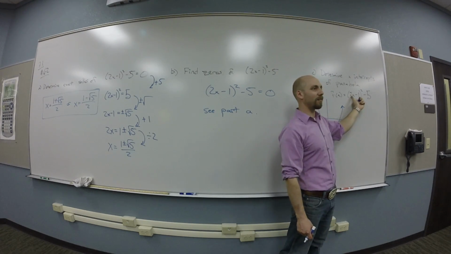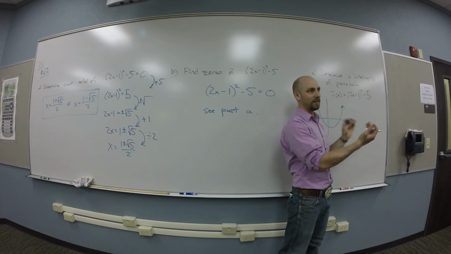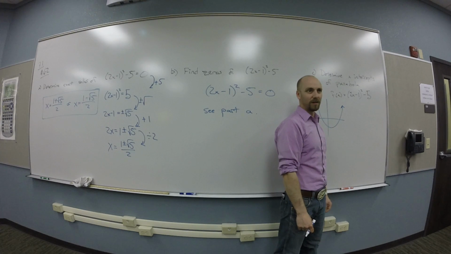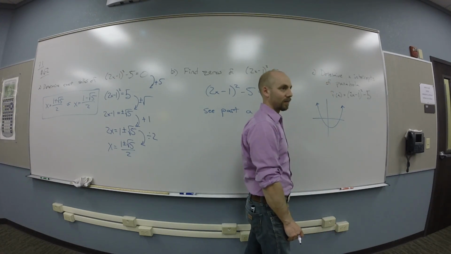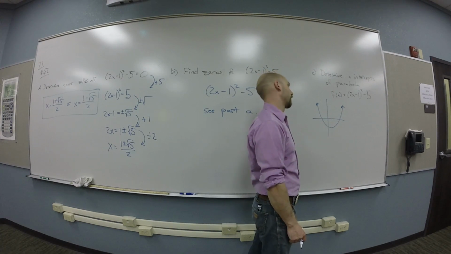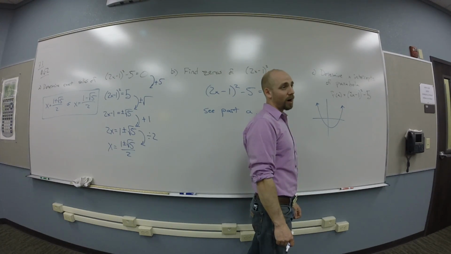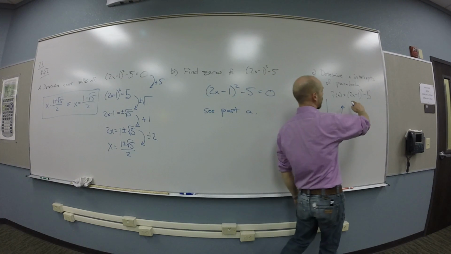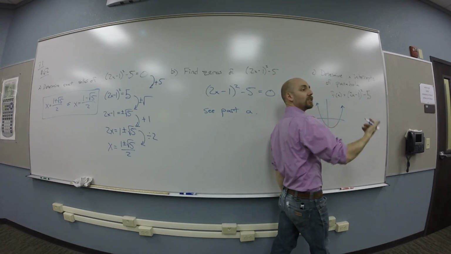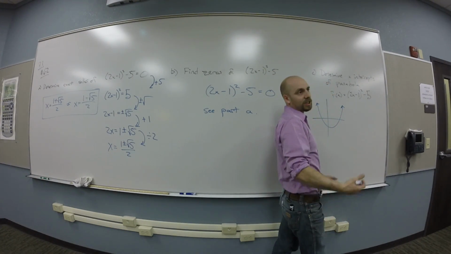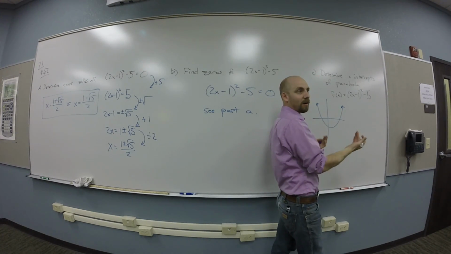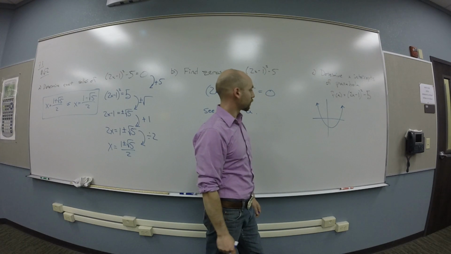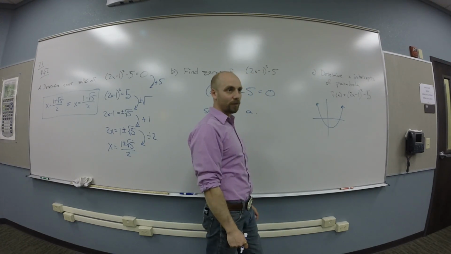This is some kind of left-right shift and maybe a shrink, but whatever. It depends on whether the multiplication happens before or after the rule. This multiplication by 2 happens before the rule, so it's some kind of horizontal stretch or compression, and we don't know what right now. If we have time later, we'll figure out how the before works.